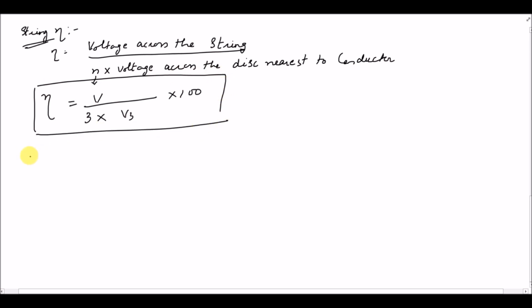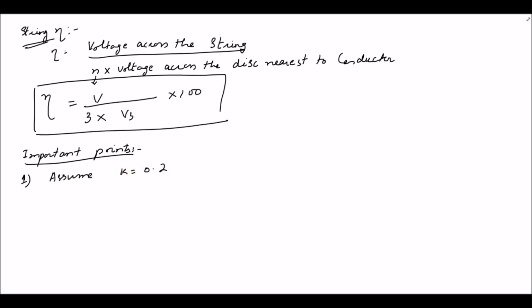From the above discussion we can summarize a few important points. For the first point, we will make an assumption. Assume the value of K is equal to 0.2.